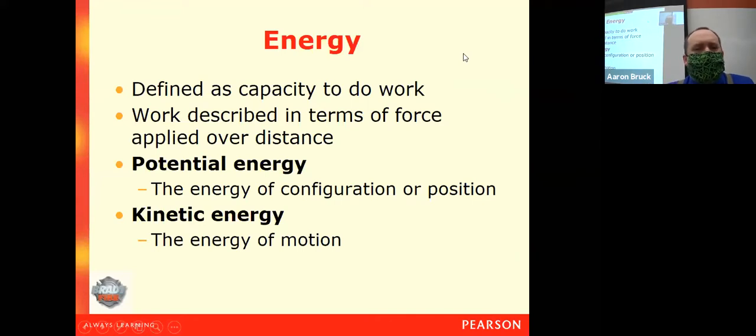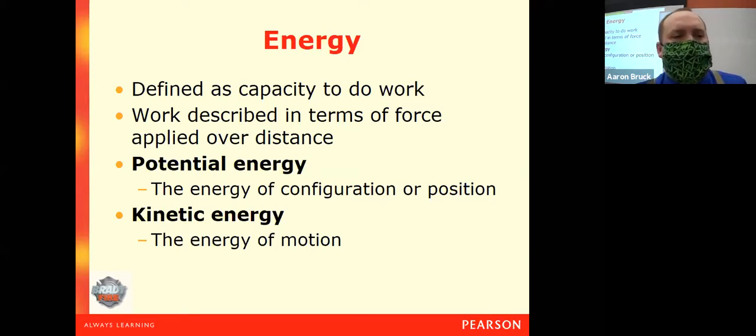This moves us into our concept here of energy, though. If you can recall from the very beginning of this chapter, we define chemistry as the study of matter and its interactions. And one of the interactions that come as a result of matter doing things and changing is that energy is either going to be absorbed or released in these processes.